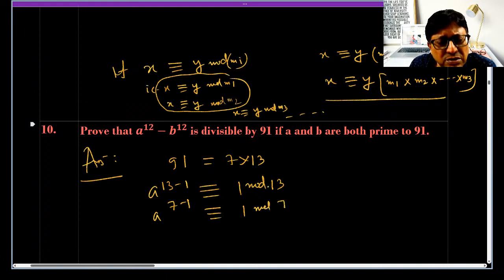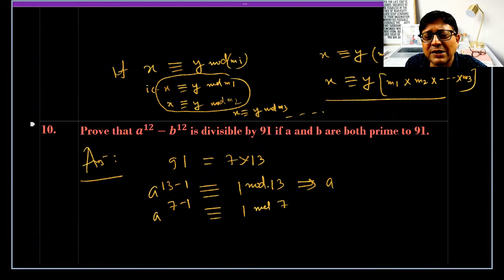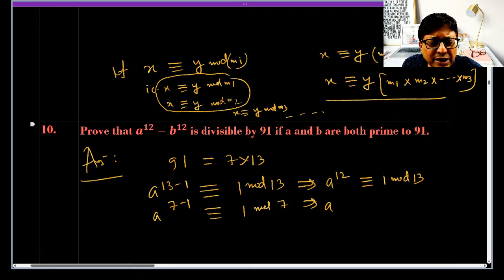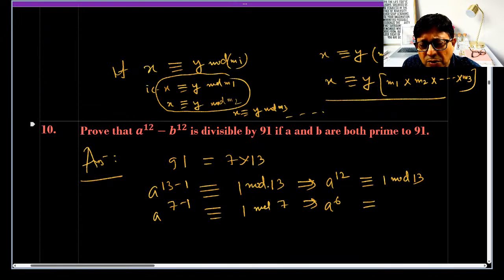This is also 1 mod 7. These two are prime numbers. We just multiply here, no problem. I thought I could take the help of the earlier concept, but it's coming an easier way. That's why I am changing my mind. You got a to the power 6 minus 1, a to the power 12 minus 1, so you make a square here.